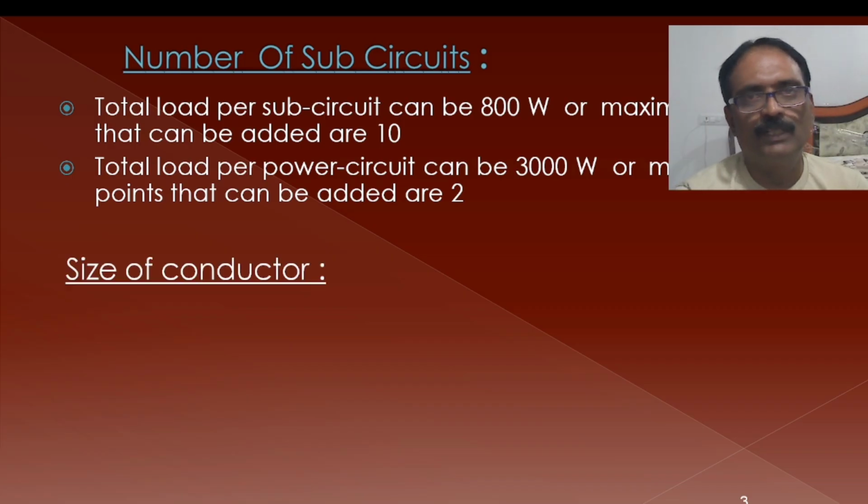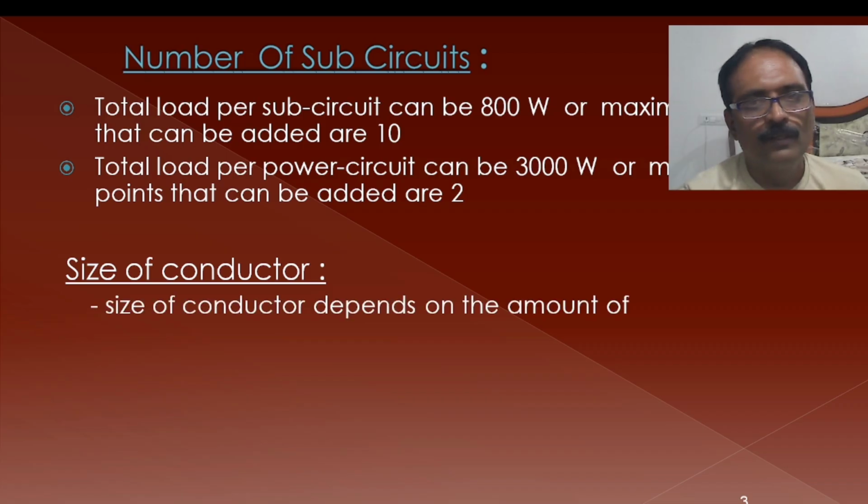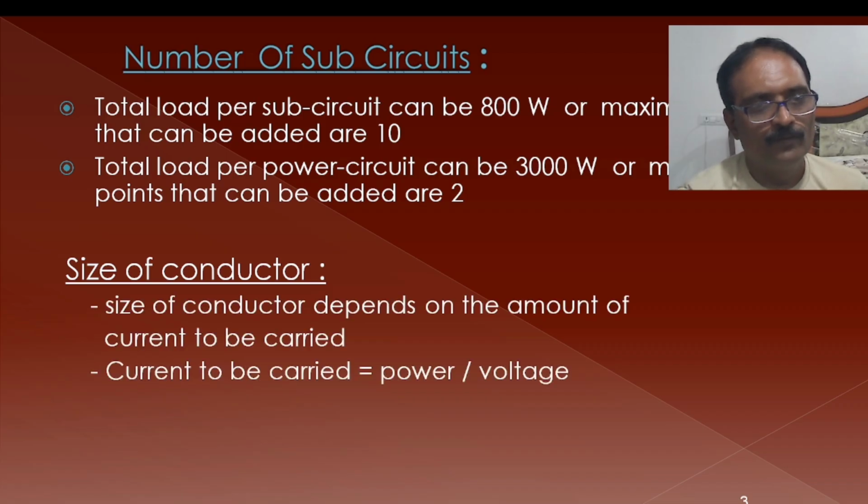Now the size of the conductor. How to find out the size of the conductor? Here size represents the current carrying capacity of the conductor. Generally the current is calculated as the total power divided by the voltage that is given. Generally the voltage will be 230 volts.